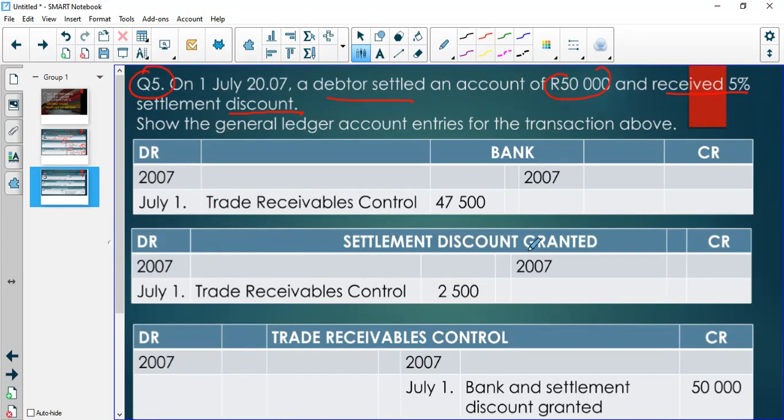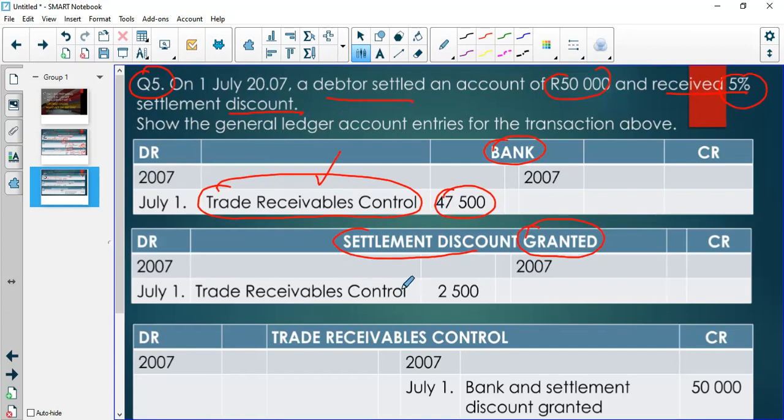So we actually received in the bank account 47,500. And this is a debtor, so it's trade receivables control. Then we know that there's a difference there of 5%. And we know that it's settlement discount granted, right? Because we granted it to our customer.